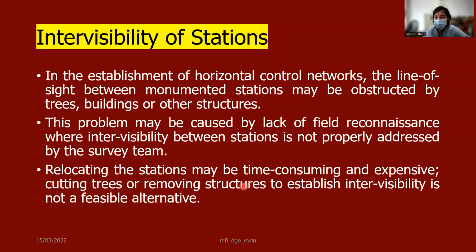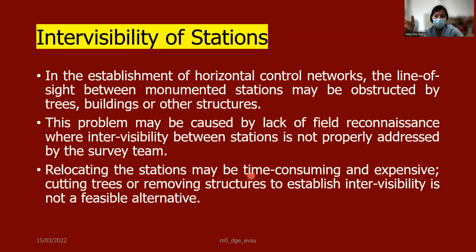Imagine your design, you plotted the design several times, and you already have the networks with the strength of figure established, and there were so many processes just to come up with the design. So one of the alternatives is to go with that even if there is an obstruction, but we need to come up with a solution.